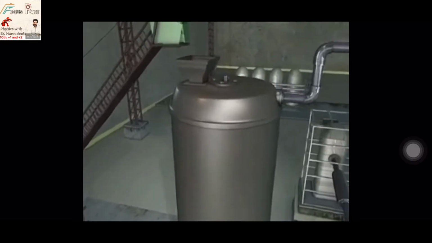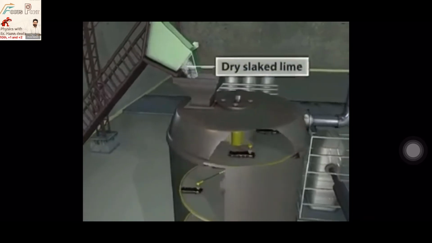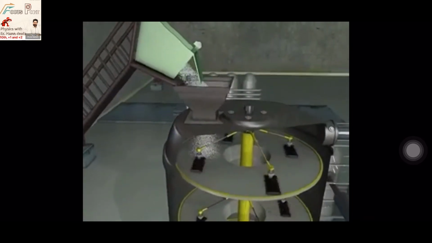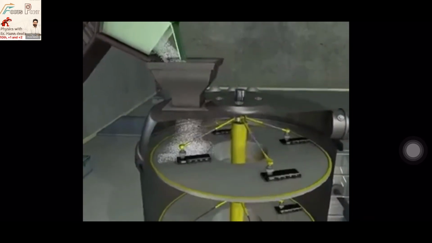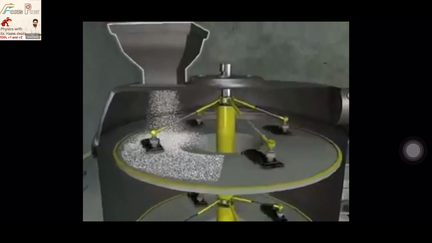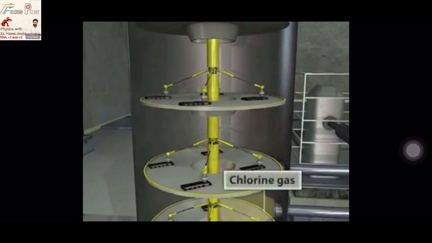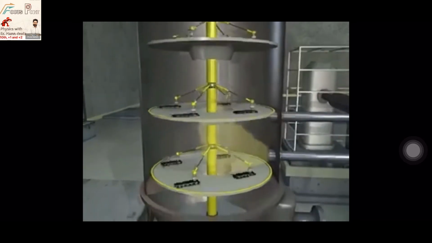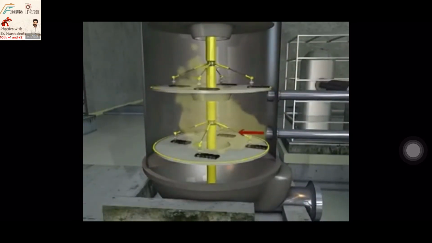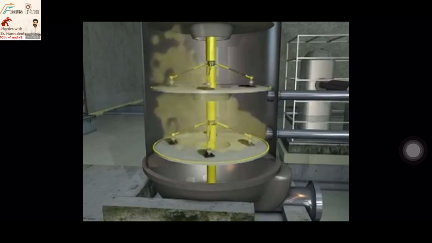In Bachmann's process, dry slaked lime is used as a raw material which is fed into the tower from the hopper at the top. A current of chlorine gas is also provided at the same time from an inlet at the bottom of the tower.